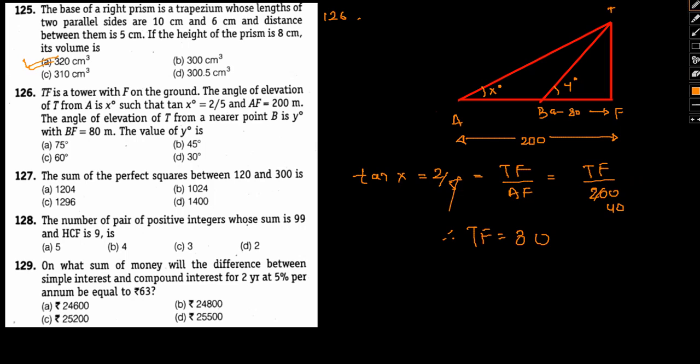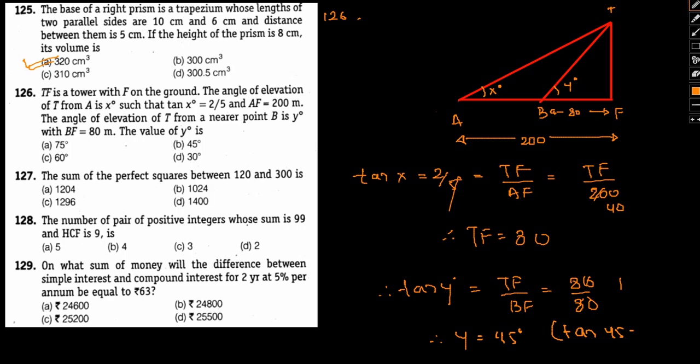TF is 80 and BF is 80. Therefore tan y degree can be written as perpendicular TF by base BF, that is 80 by 80, that is 1, and therefore y will be 45 degree because tan 45 is equal to 1. I hope this is clear. Option B will be the answer. Now with that being said, let us move on to the next question.